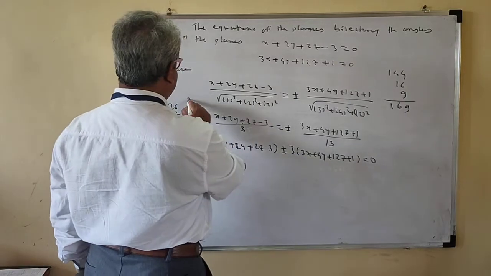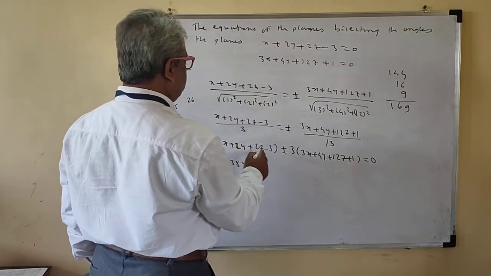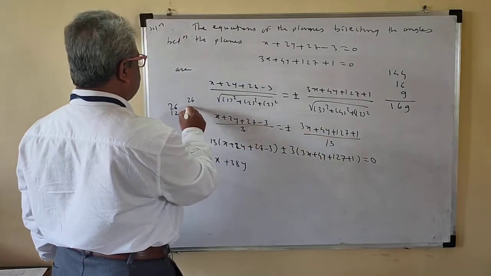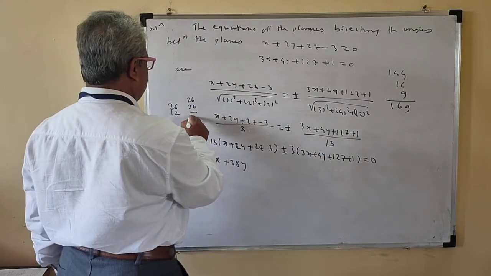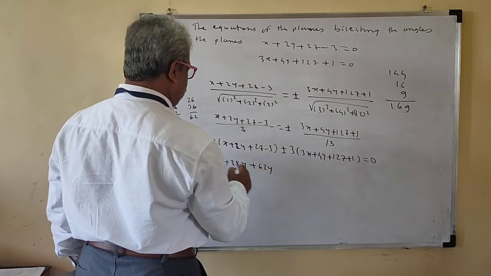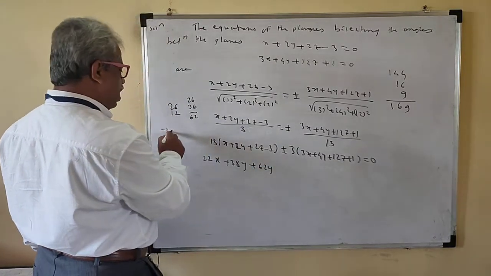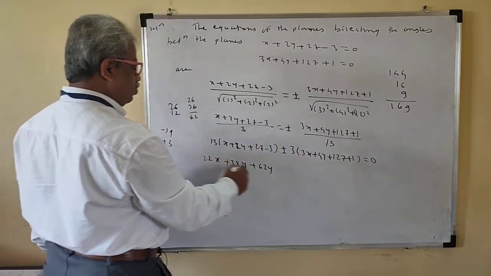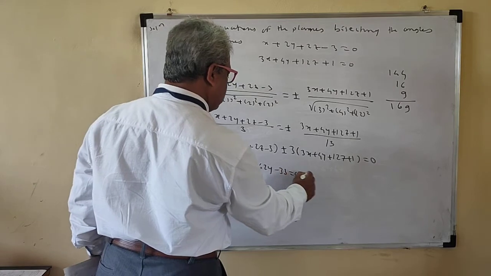Then 26z plus 36z is 62z. Then minus 39 plus 3, so this is minus 36 is equal to 0.